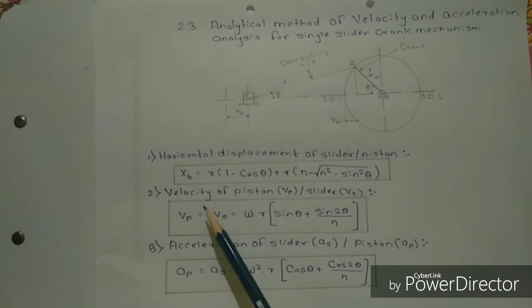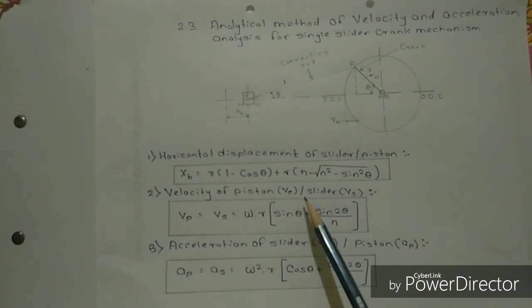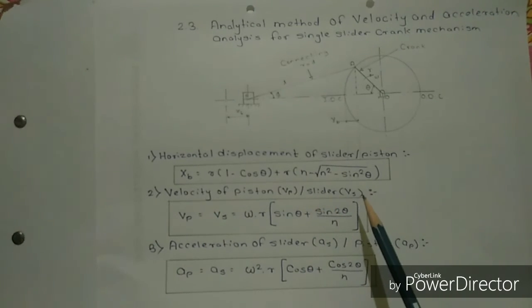Then second, the velocity of piston VP or slider VS. It can be obtained by differentiating the above equation with respect to time.